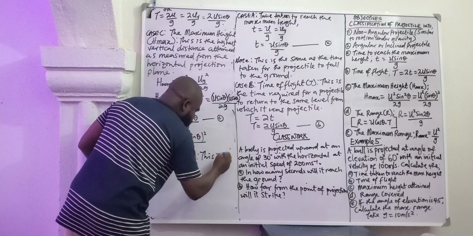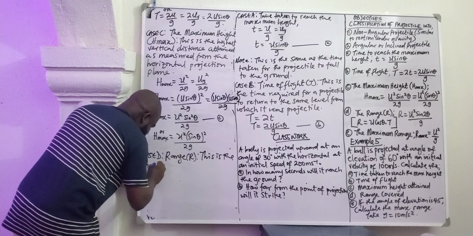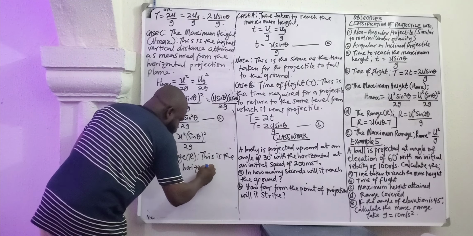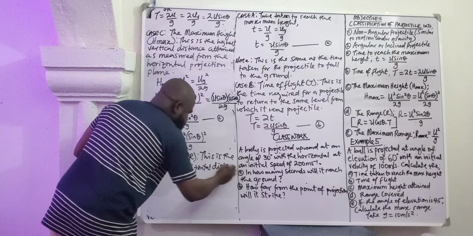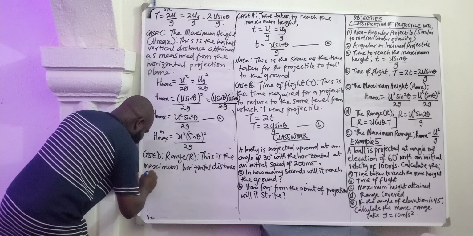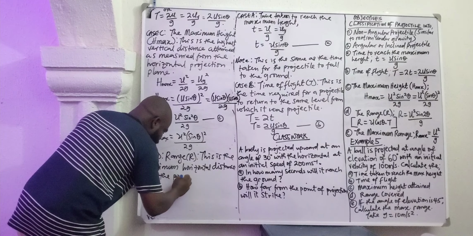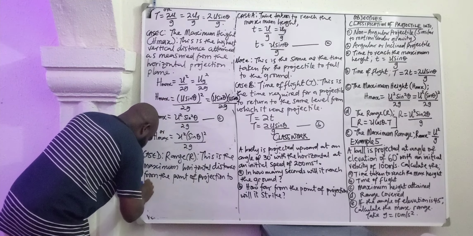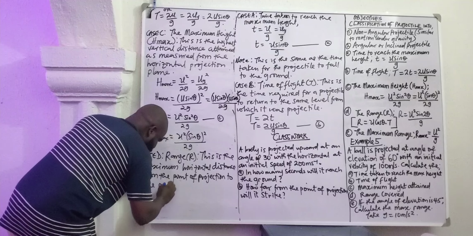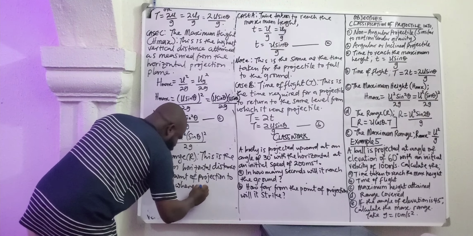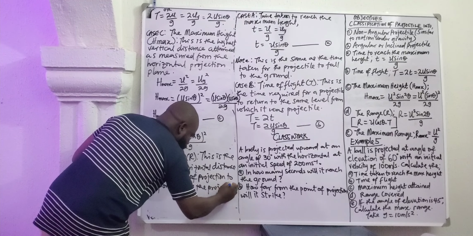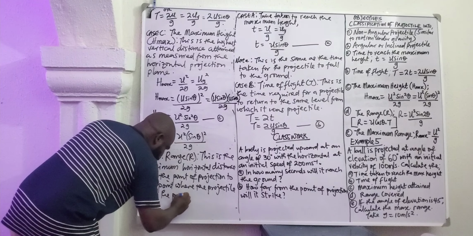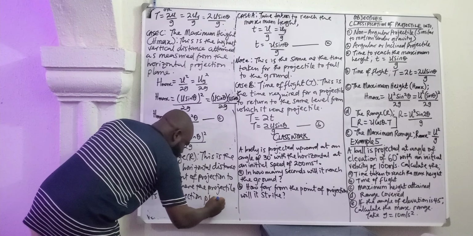This is the maximum horizontal distance from the point of projection to the point where the projectile hits the projection plane again.